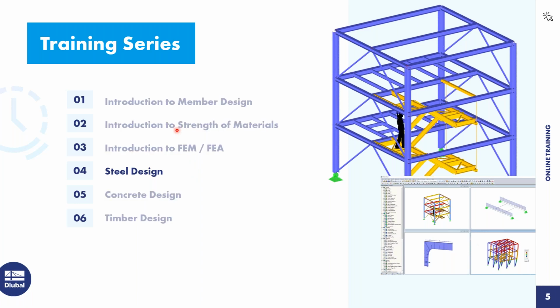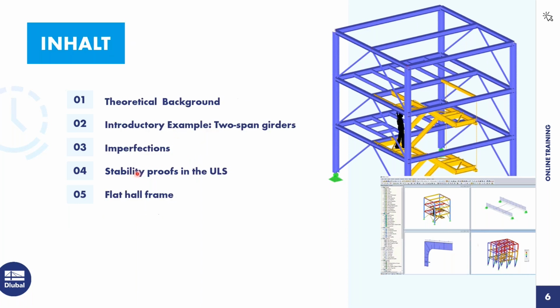So today we will handle the steel design. What are we going to do today? First of all, I will give you a theoretical background. Don't worry, it won't be a class lesson like in your studies, just the most important things in a very short time. Then together we will model a two-span girder.